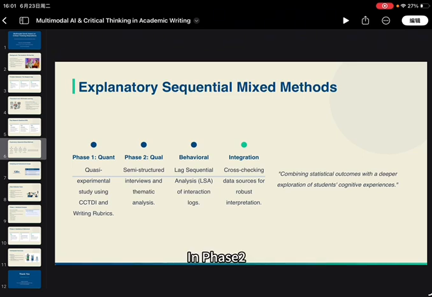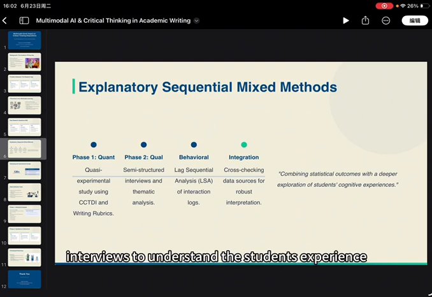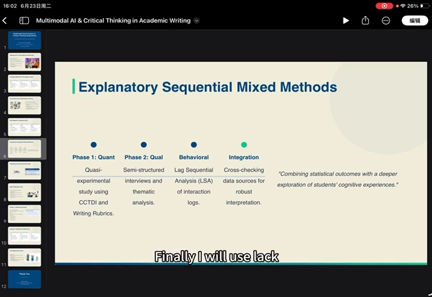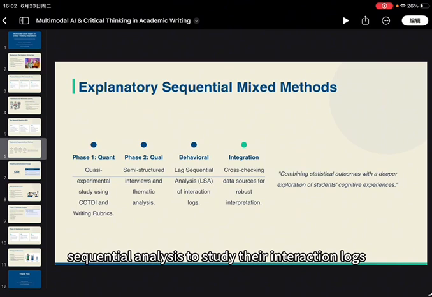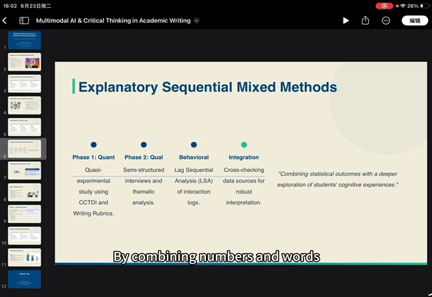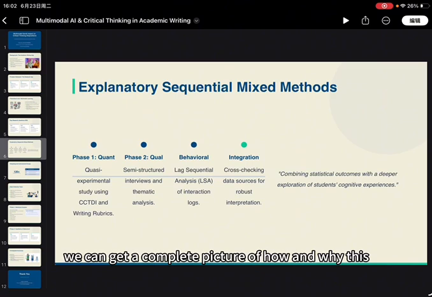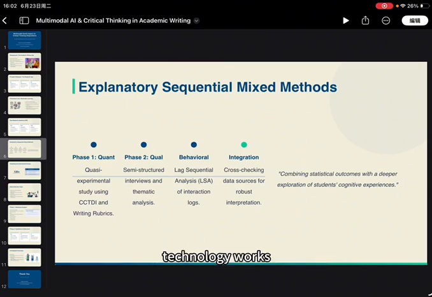In phase 2, the qualitative phase, I will conduct interviews to understand the students' experience. Finally, I will use lag sequential analysis to study their interaction logs. By combining numbers and words, we can get a complete picture of how and why this technology works.